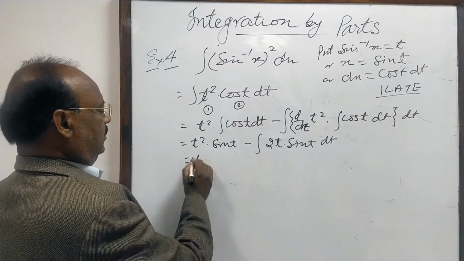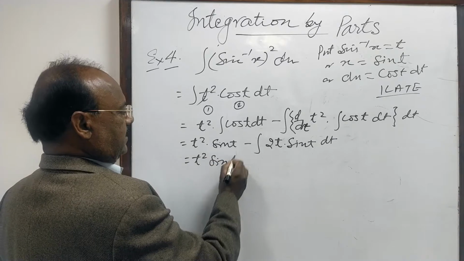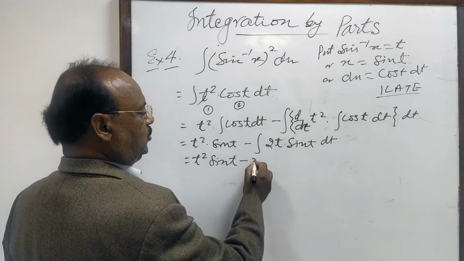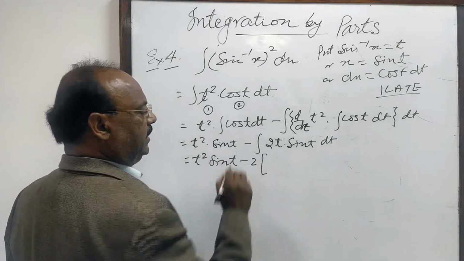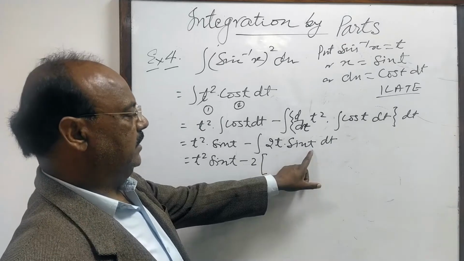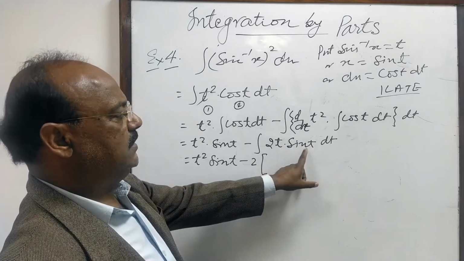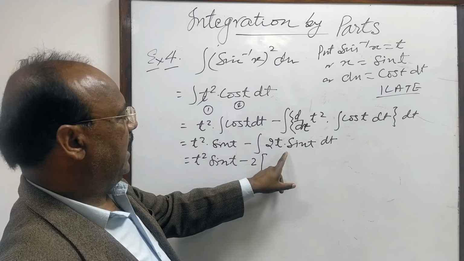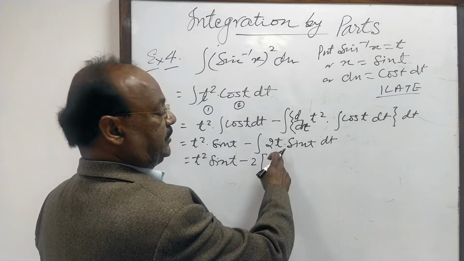So this is t square sine of t minus 2, and again t and sine t. So this is first function, this is second function. So we can use the same formula again, integration by parts.